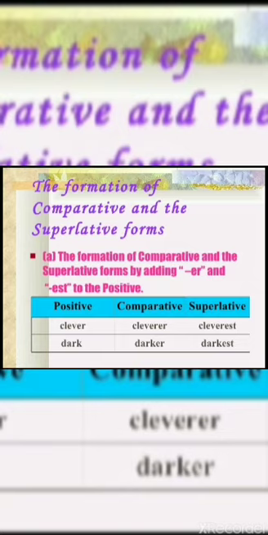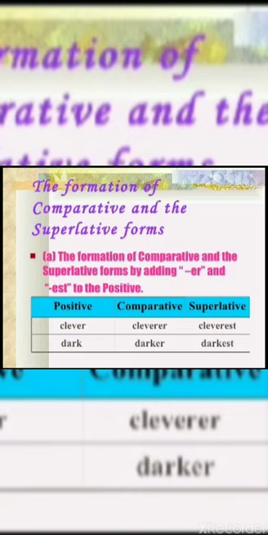The formation of comparative and the superlative forms by adding er and est to the positive. So when we add either er or est to the positive, it becomes either comparative degree or the superlative degree. For example, see the table below. When we say clever, it is positive degree.